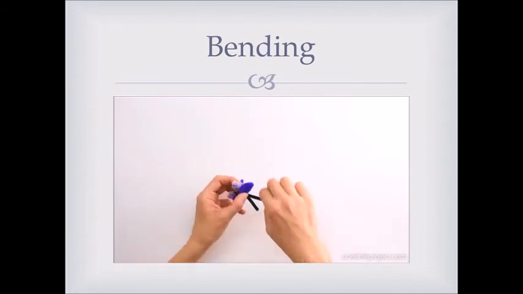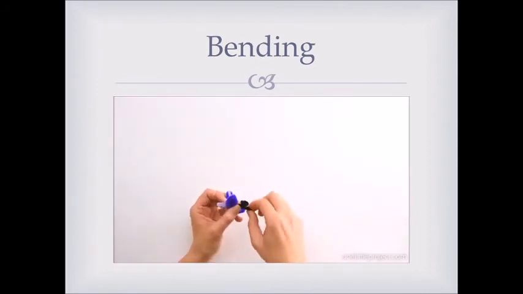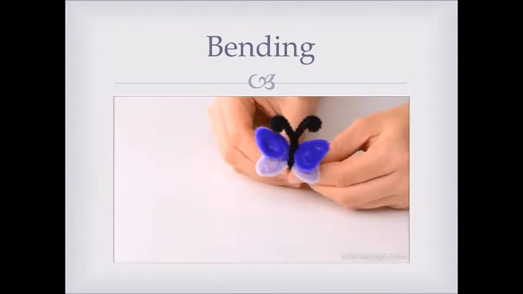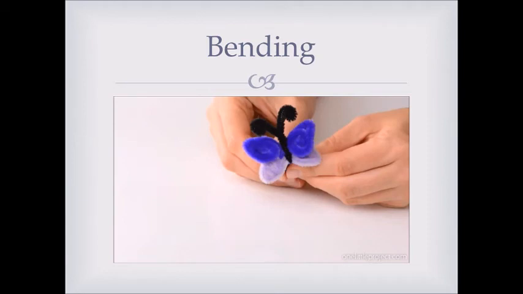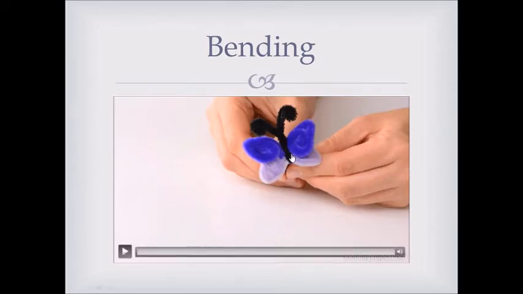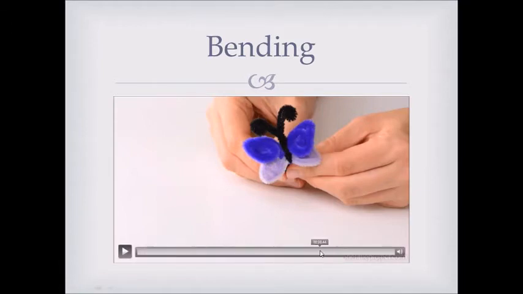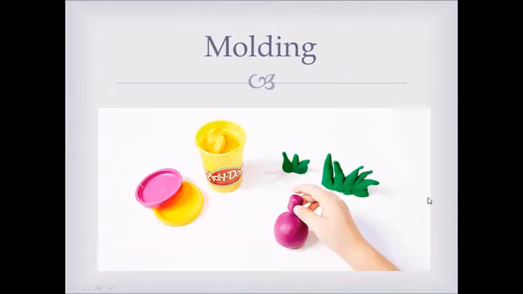Okay, so bending is a physical change because you start with a material and you end up with the same material but with different shape or size or color. So as you can see here, you can make different shapes from a pipe cleaner, but it's a pipe cleaner at the end. Same material, same kind of matter.